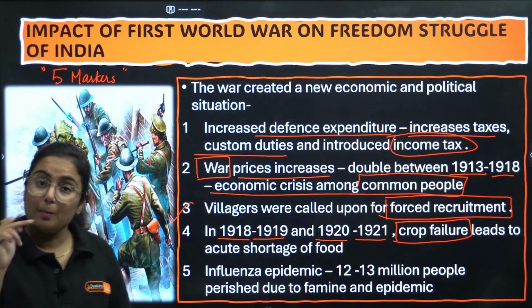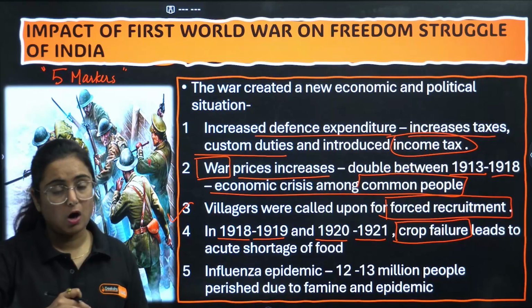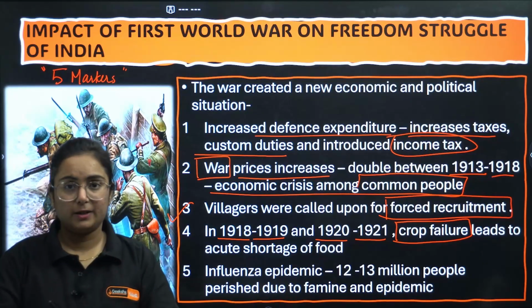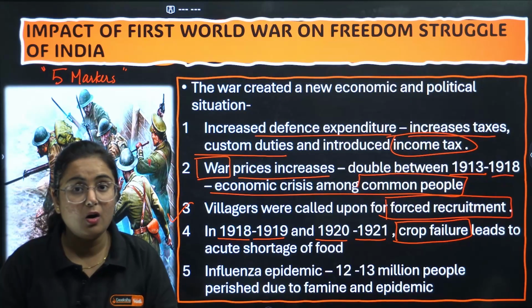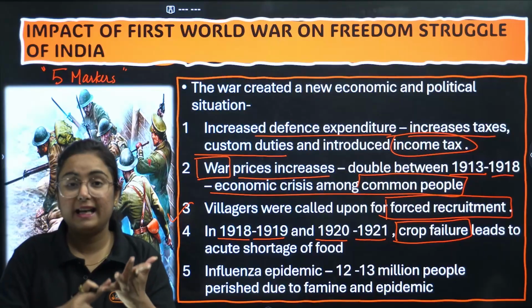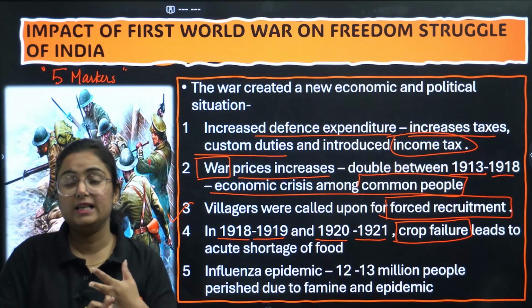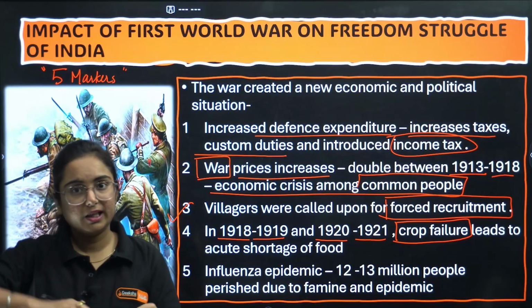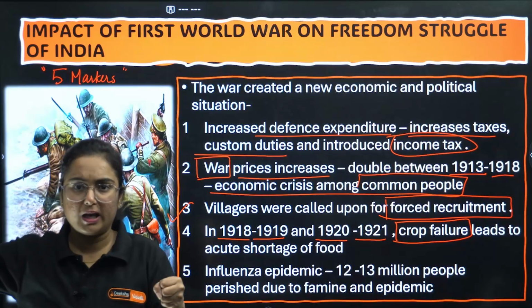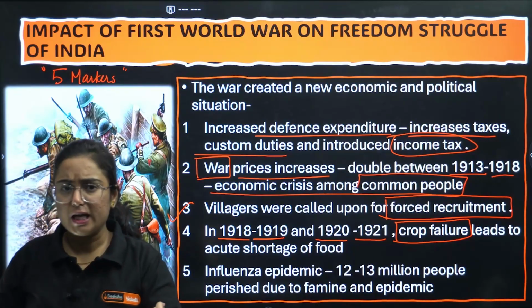Crop failure was because the British Empire, which was ruling India, was not focusing on our agriculture and irrigation facilities. Rather, they diverted their interest to the war. Definitely it will affect the economy.